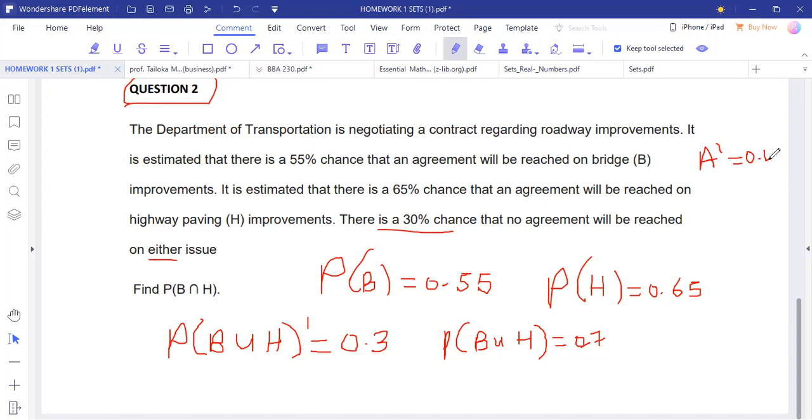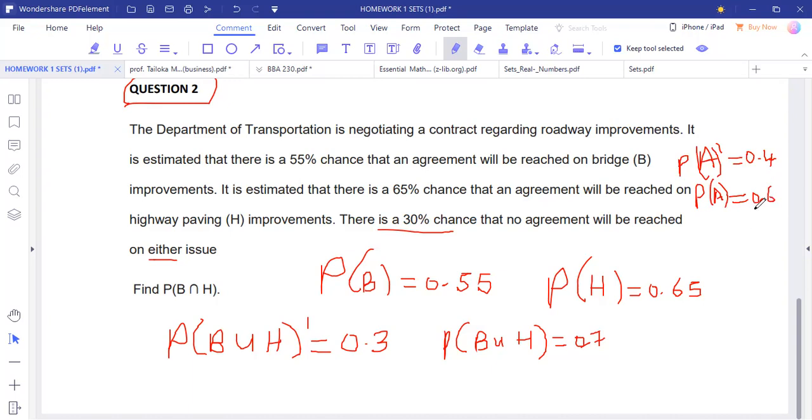If the probability of A complement is 0.4, what is the probability of A? The probability of A will be 0.6. We are simply saying that the probability of A complement and the probability of A should give you 1, because the total probability should always give us 1. Is that clear?